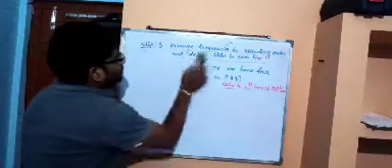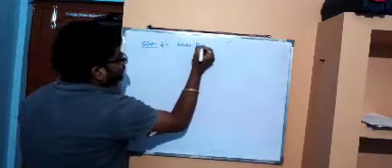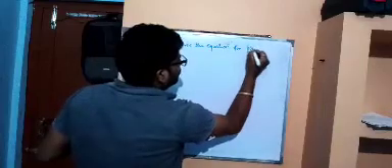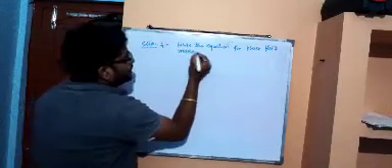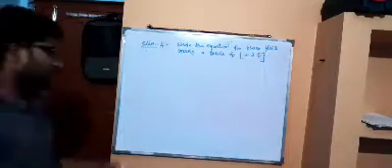Now going to the fourth step: write the equation for the phase plot and make a table of omega and phi. This is your fourth step.